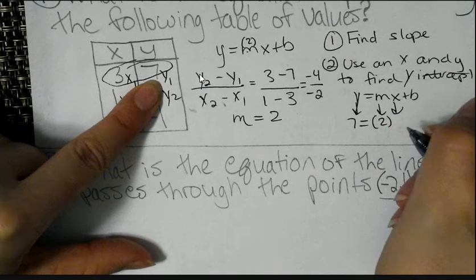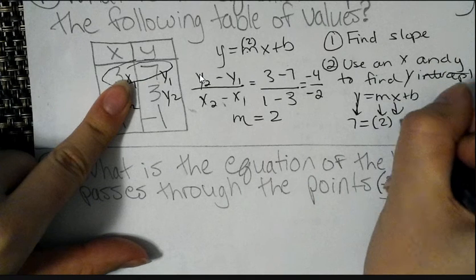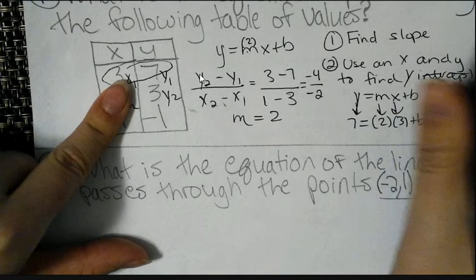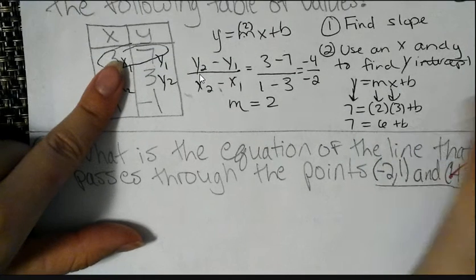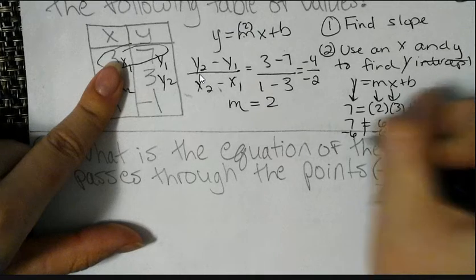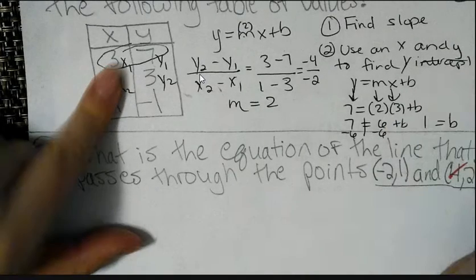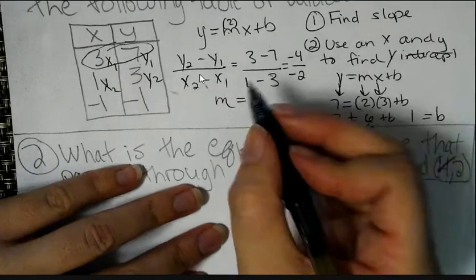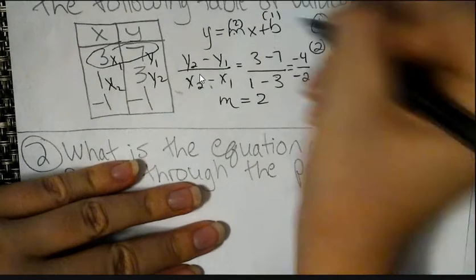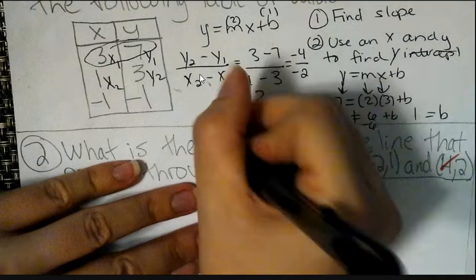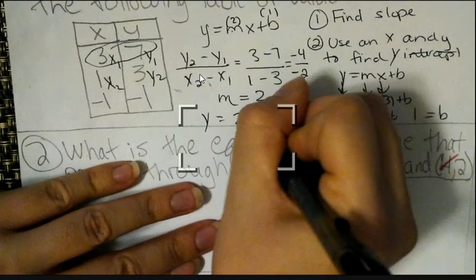And if y is 7, x is then 3 plus b. 7 equals 6 plus b. How do I solve for b? I need to subtract 6, b equals 1. So now I know my slope, it's 2, I know my y-intercept is 1. So my equation is just going to be y equals 2x plus 1.